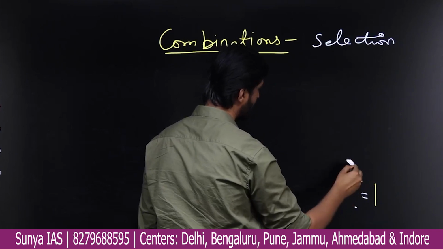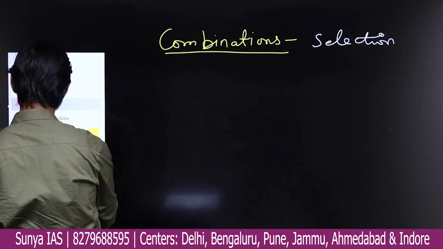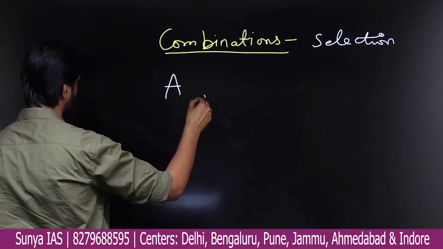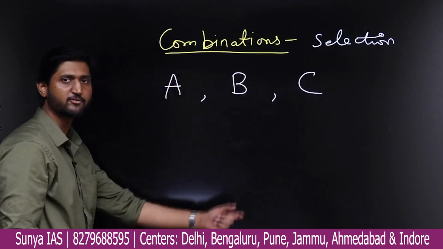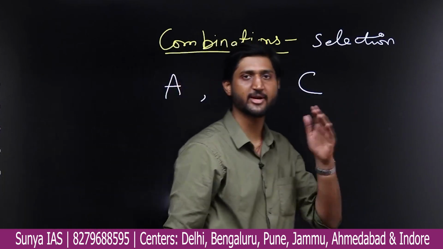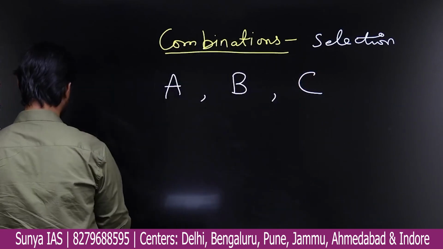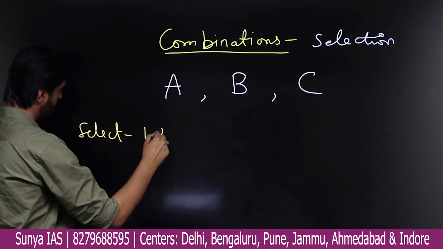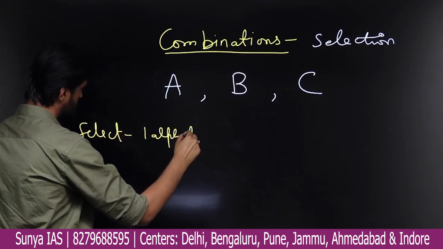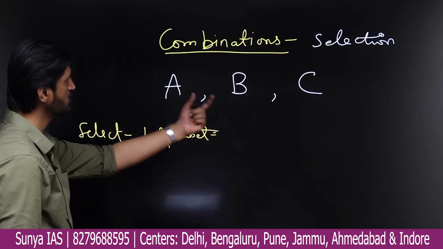So suppose we have 3 alphabets. We have A, B and C, and we have to select any one alphabet out of them. What are the possible ways? If I have to select one alphabet, I have 1, 2 and 3 choices.